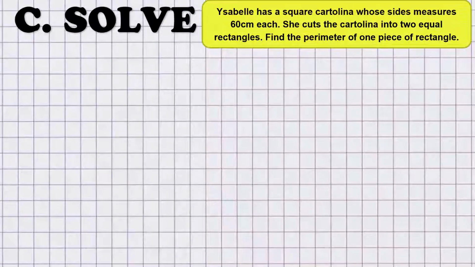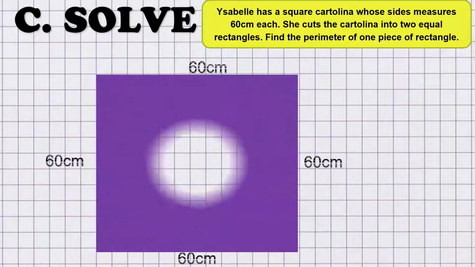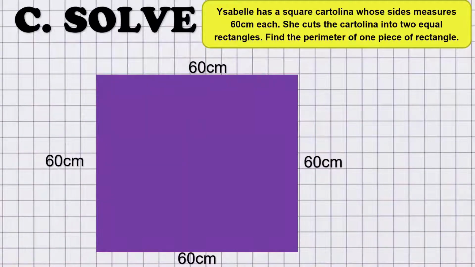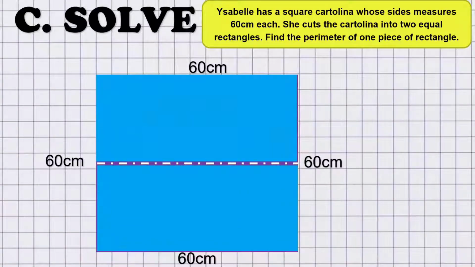Going back to the problem, it states that Isabel has a square cartolina which measures 60 centimeters by 60 centimeters. It was cut in half, forming two rectangles. Since the square was cut in half, we will divide the side by 2.